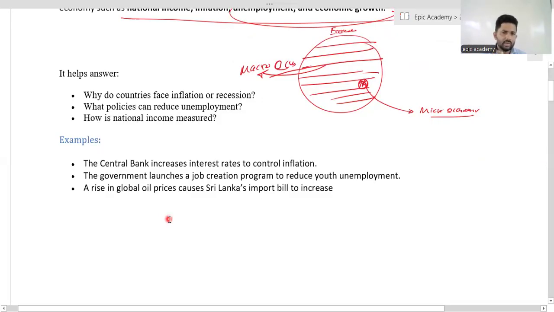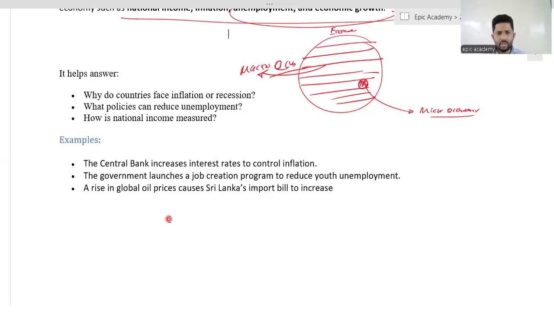The central bank can make a decision by reducing or increasing the interest rate, and we can control inflation, I mean reduce inflation. If they increase the interest rate, what will happen to buying or credit? It reduces. Then what happens to the buying ability of the people? It also reduces. Then prices can be reduced because demand is reduced. The shortage of commodities can also be reduced. It helps to reduce inflation.